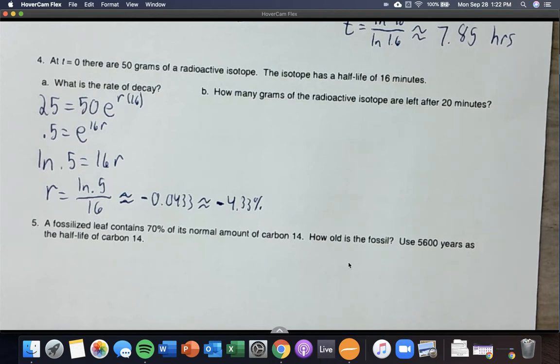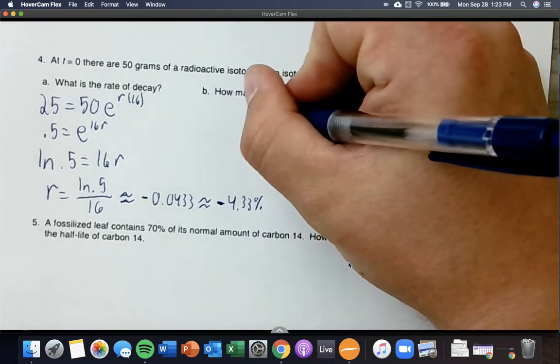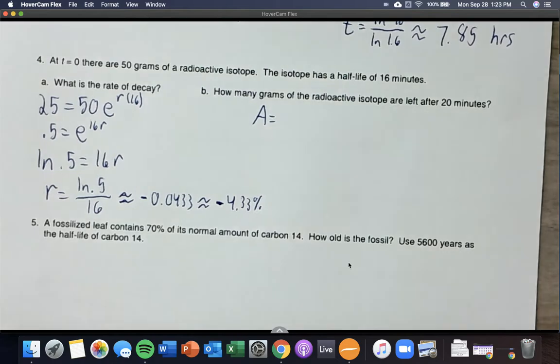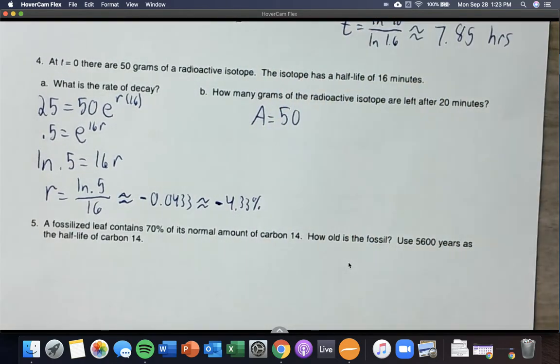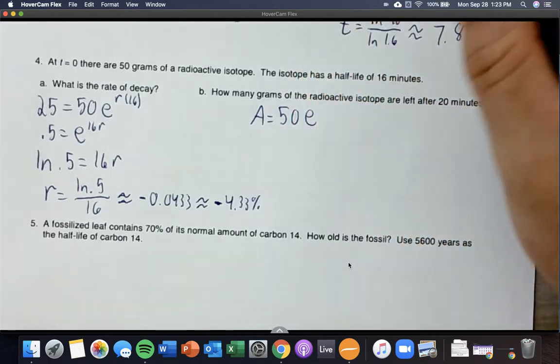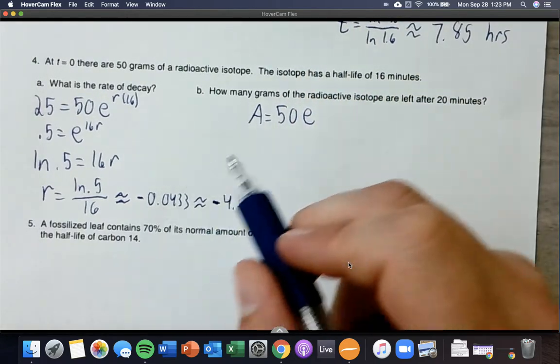So B is asking how many grams of the radioactive isotope are left after 20 minutes. All right, so now we're going to be solving for the amount. The original amount is still the same, it's 50 grams. Right, and that's going to be multiplied by e to our rate, which we just solved for.